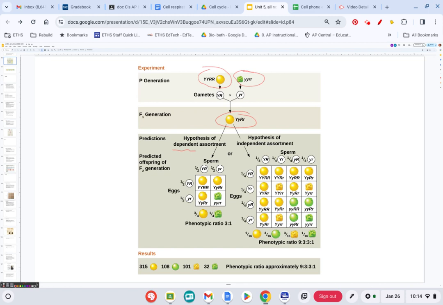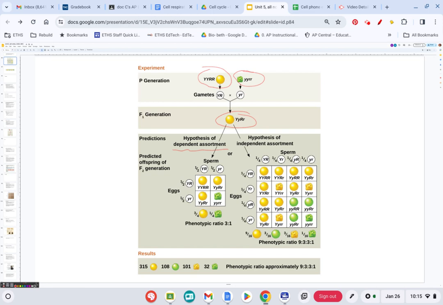One is called dependent assortment, meaning that if yellow goes into one sperm cell, then going with it is going to be that round seed texture. Independent says no, it doesn't matter. If you're yellow, you could be wrinkled or you could be round, but they're completely independent of each other. So you get different numbers, in other words.